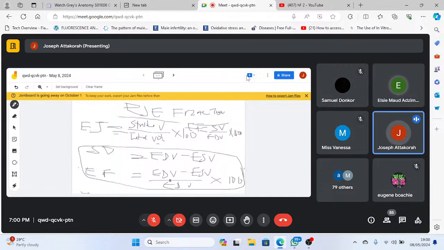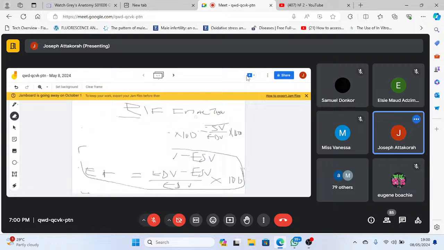Okay, so now, what do you use to check for ejection fraction? We use echo, and the echo will tell you.